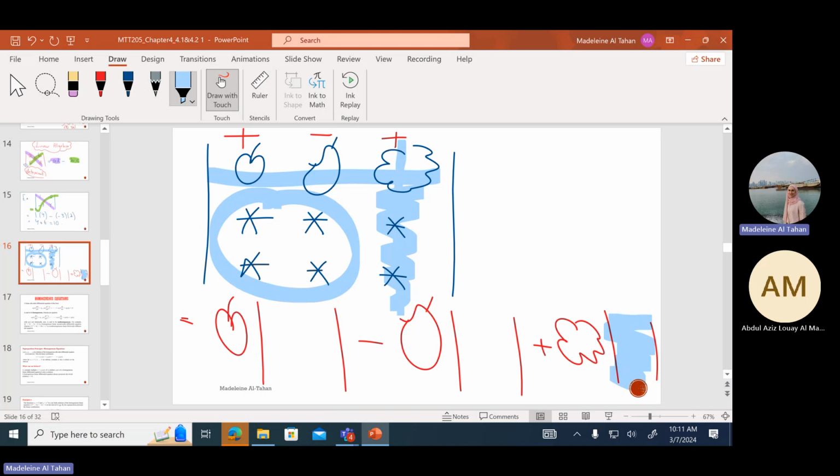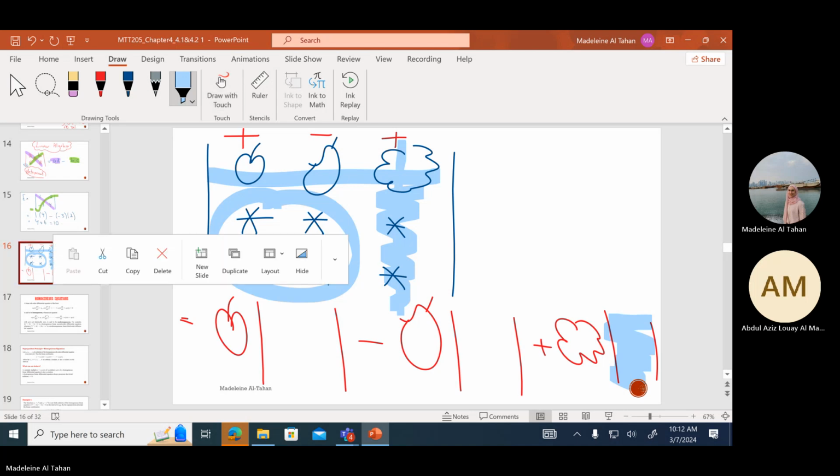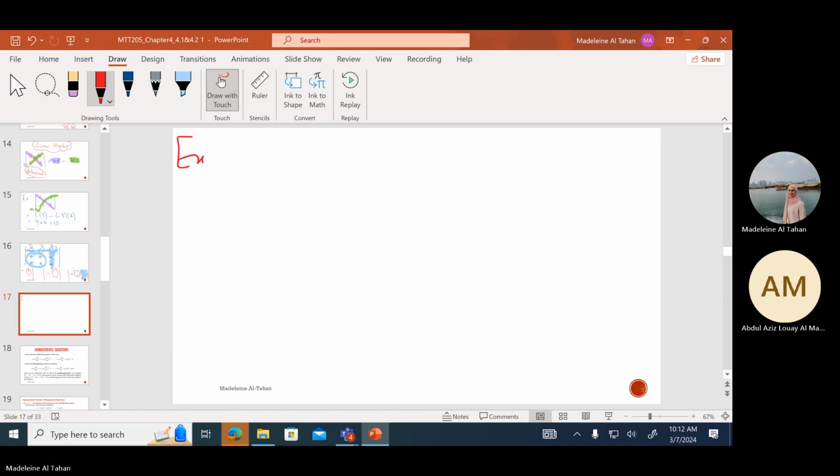I will give you an example to make sure that we got the idea. We need to find the determinant of this one.